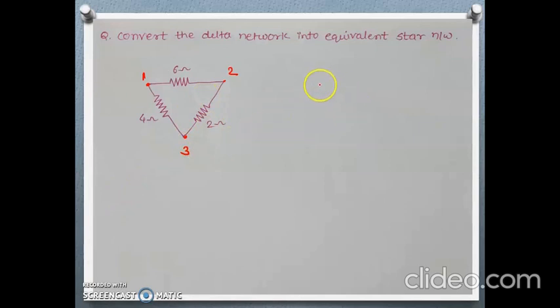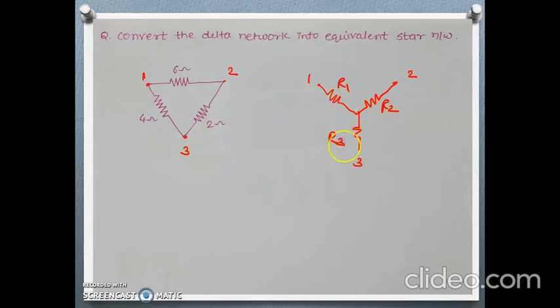This is the common point between them. So this will be R1, this R2 and this R3, because these are the terminals 1, 2 and 3 respectively.